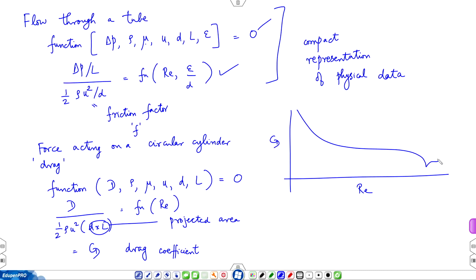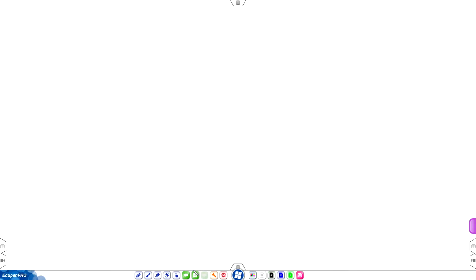So, just an example was particle motion in a fluid medium, also called particle trajectory. A simple one-dimensional example.